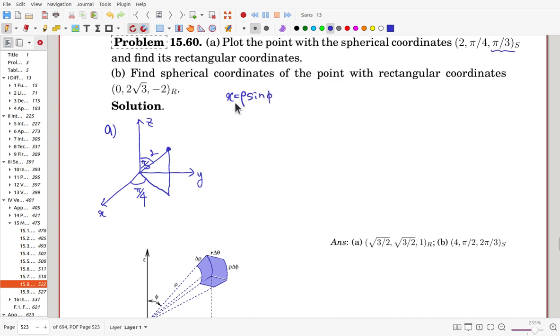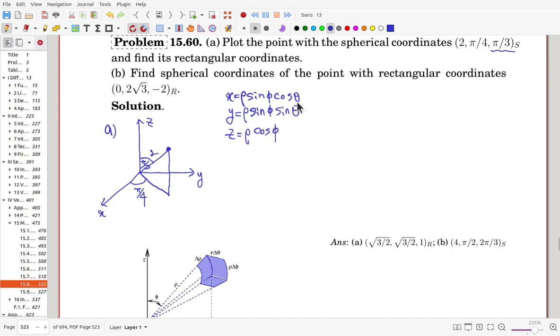So we may consider r as an intermediate variable and use it here, and this is cosine theta. And y is r sine theta, where r is again rho sine phi, times sine theta. And z is rho cosine phi.